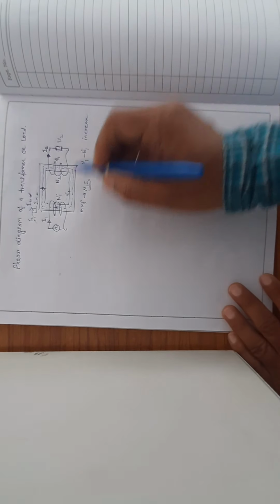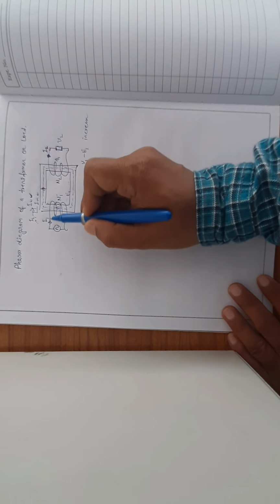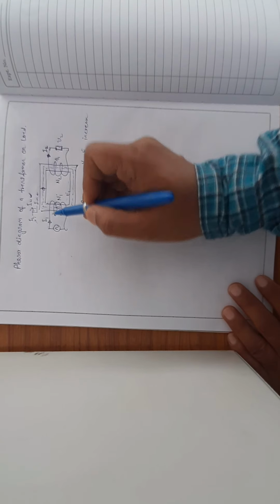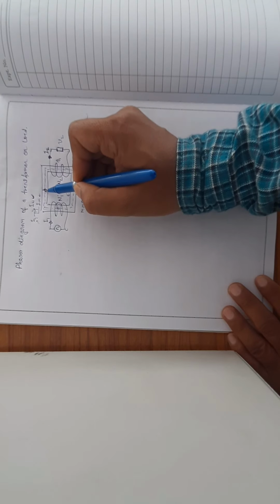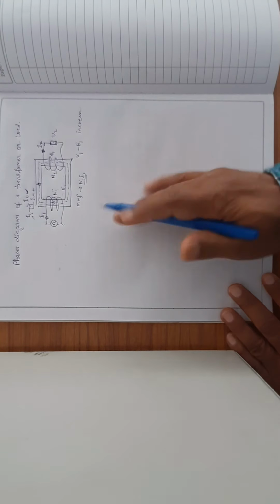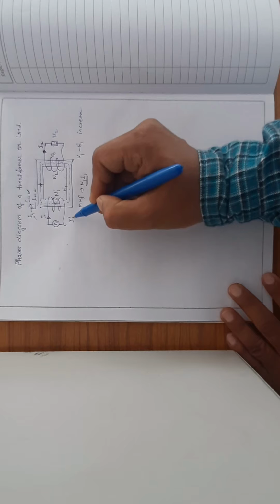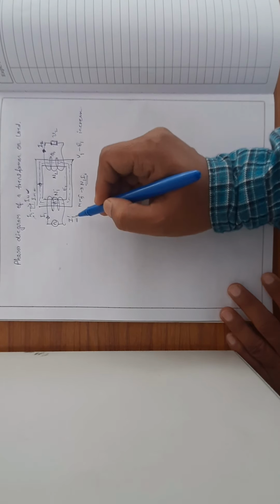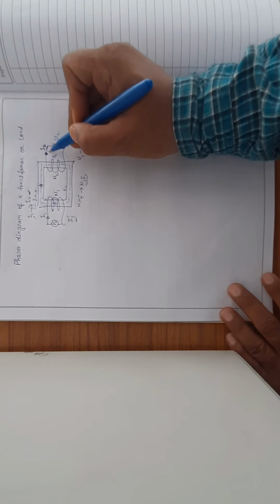So the primary winding draws more and more current until the previous value of flux phi is obtained. The additional current, say I1 dash, is called the counterbalancing current, in phase opposition with secondary current I2.